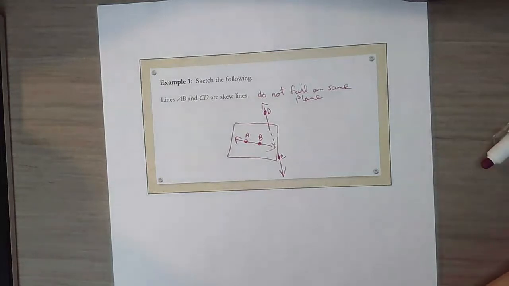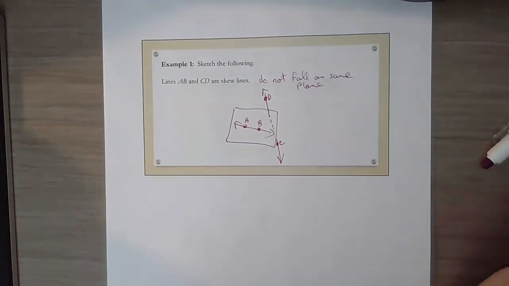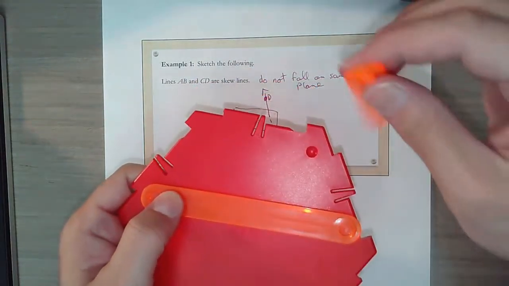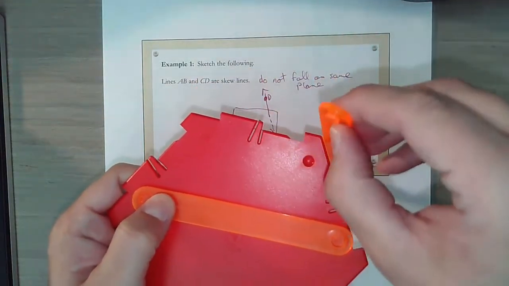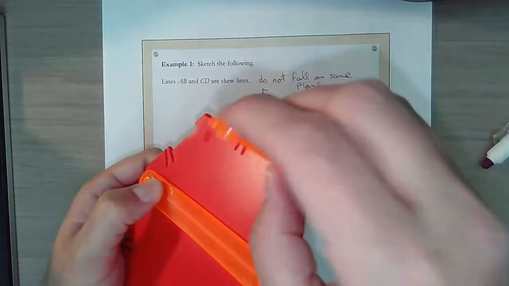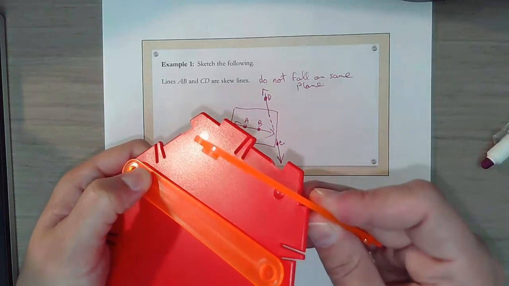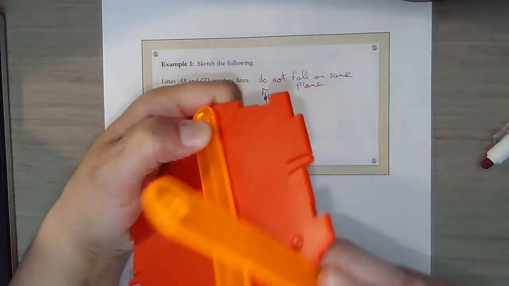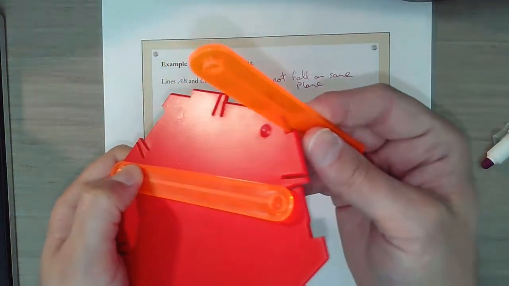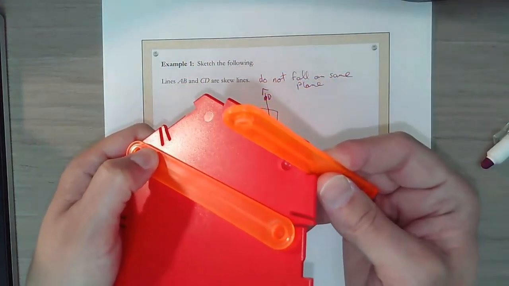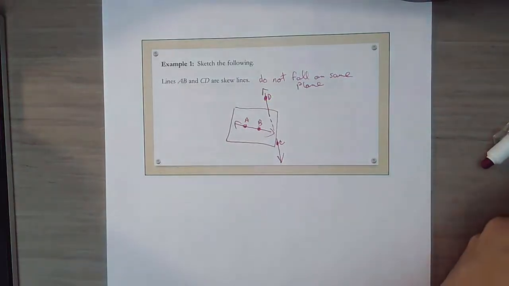That would be like having my plane, AB, and then my DC that would be over here. I can't create a plane of any sort that would hold both of these lines. That's what skew lines means.